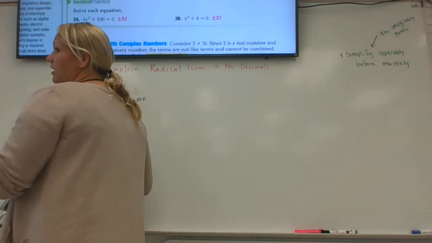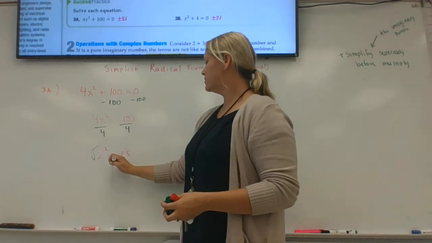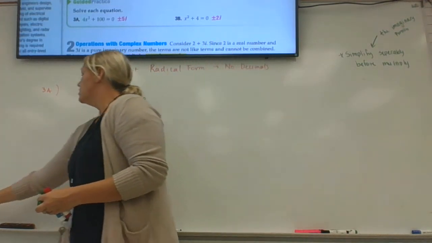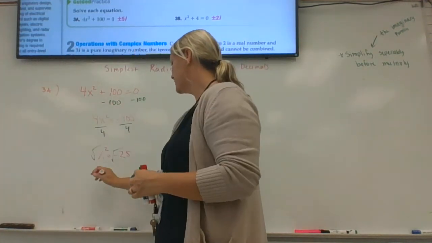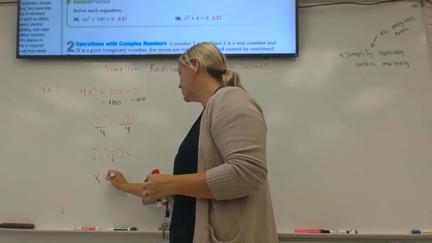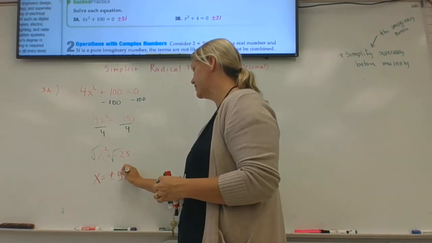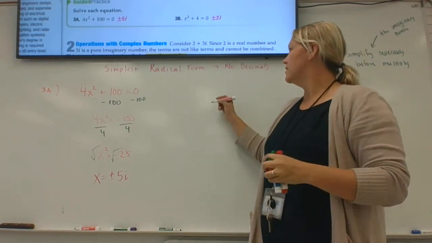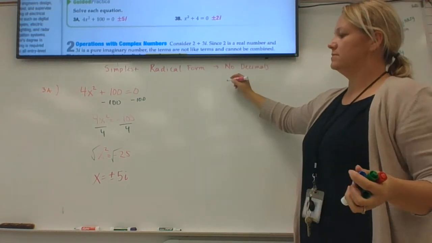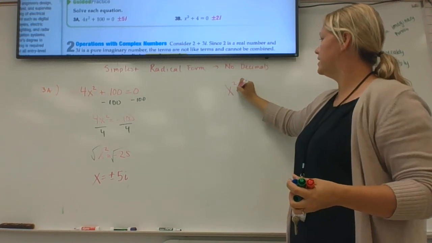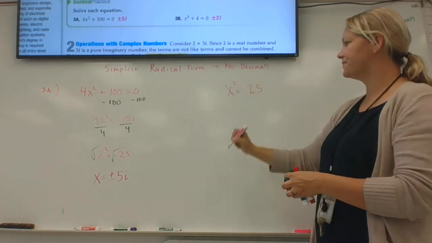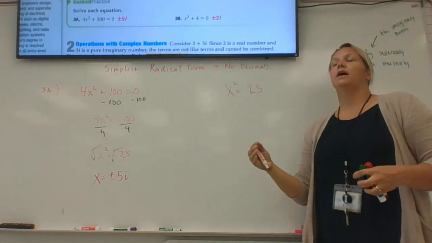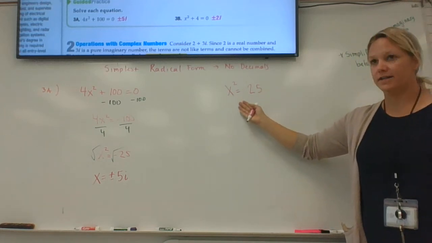And anytime you solve by square rooting, square root both sides, you get x is plus or minus 5i. Why is it plus or minus? Well, I'm going to use a simpler example. Let's say that it was positive 25. Aubrey, what could x be here?